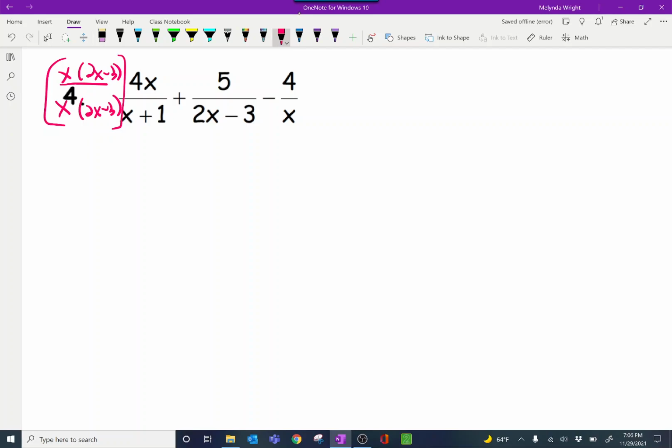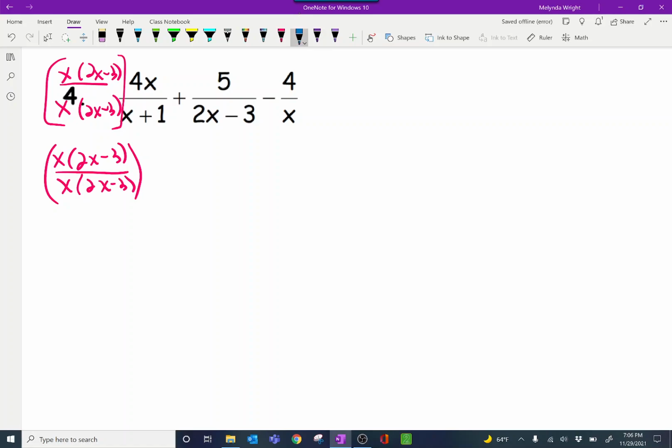Okay, the second fraction. All right, what does it need? Let's see. It's kind of cramped up here. Why don't we spread this out instead. So this first fraction needs, and I'll write what we're multiplying by in pink, an x times a 2x minus 3 over x times 2x minus 3. That's what it needs.